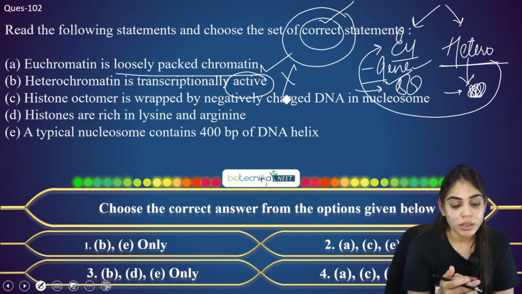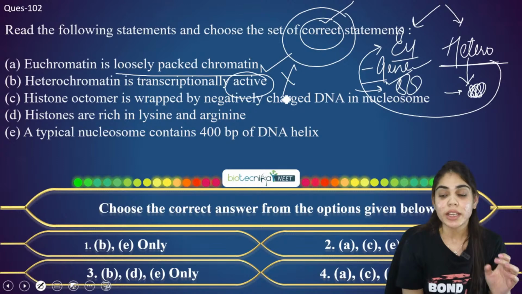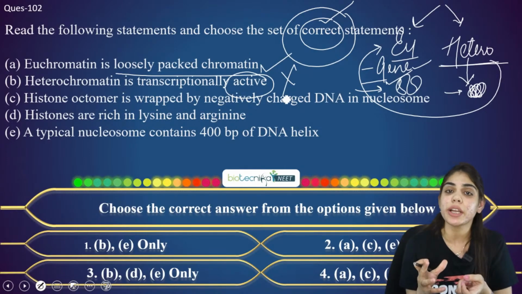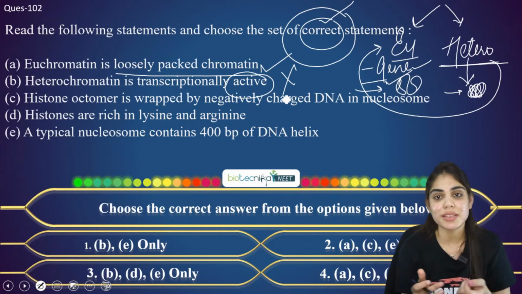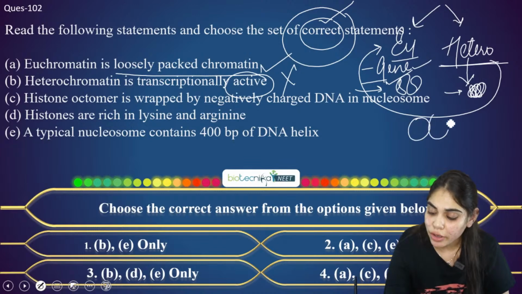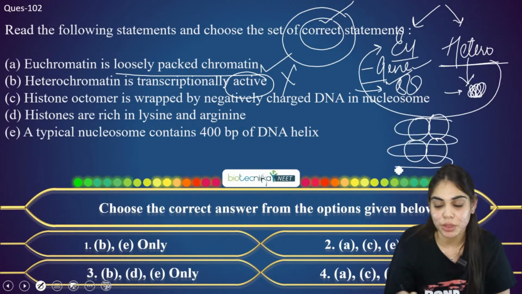Now the third is histone octamer. Now the 3 statements, that is C, D and E, are given about DNA arrangement. Now you all may be knowing about the nucleosome model. So what is this nucleosome model of DNA? So in the nucleosome model, these histone octamers are arranged, that is H2A, H2B, H3 and H4. And to this, a DNA helix is wrapped.